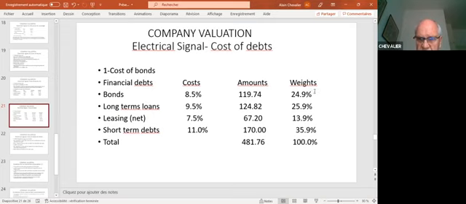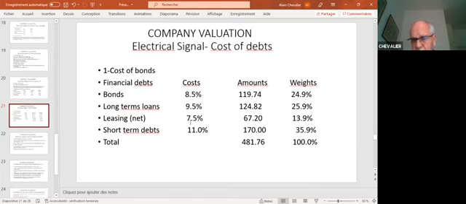And we understand that the weight here is 24.9. Long-term loans, the cost is 9.5, market value of interest. The amount calculated in the preceding slide is 124.82. The weight is 25.9.